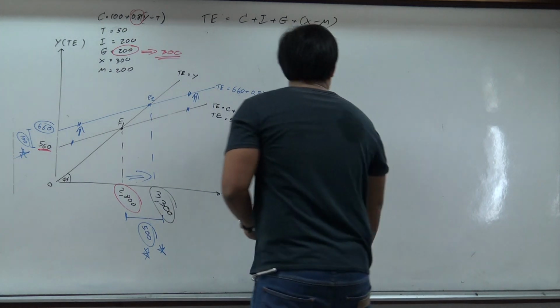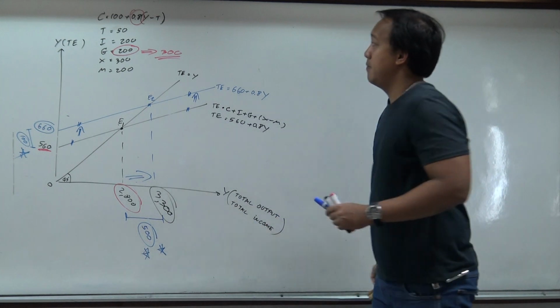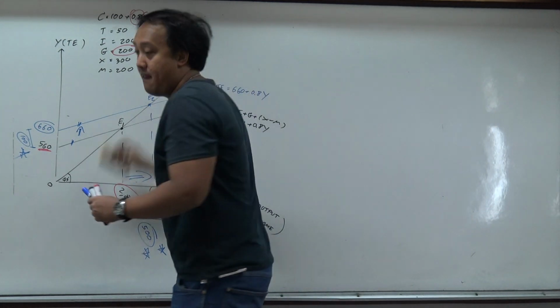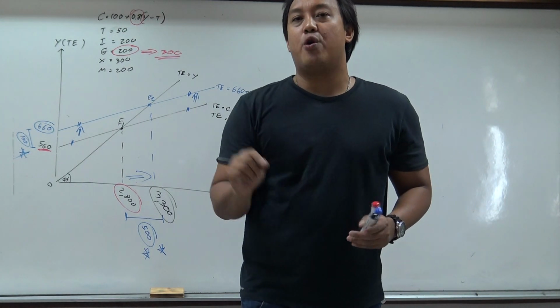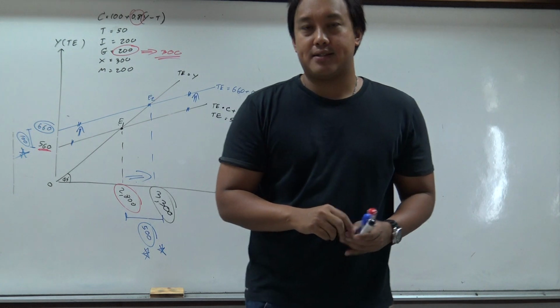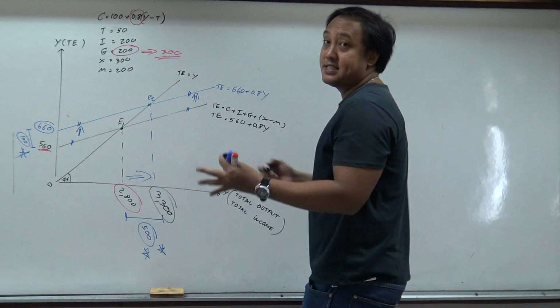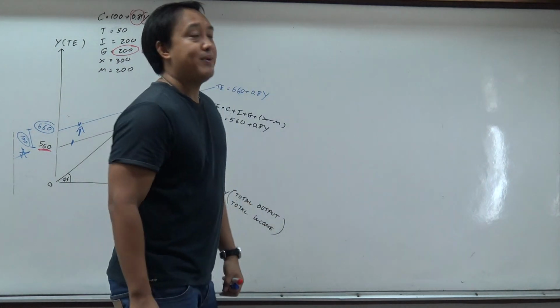Next, I'm going to try to solve and show you the formula of the multiplier effect. Again, I'm going to start with the total expenditure equation.